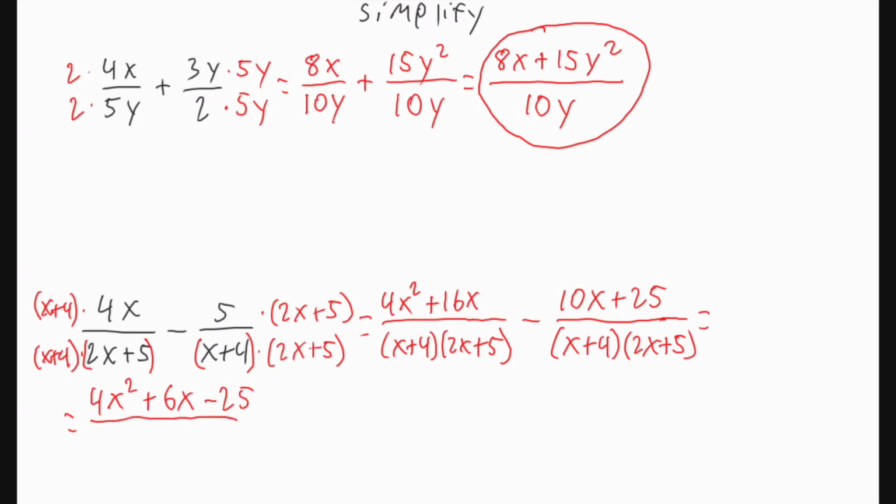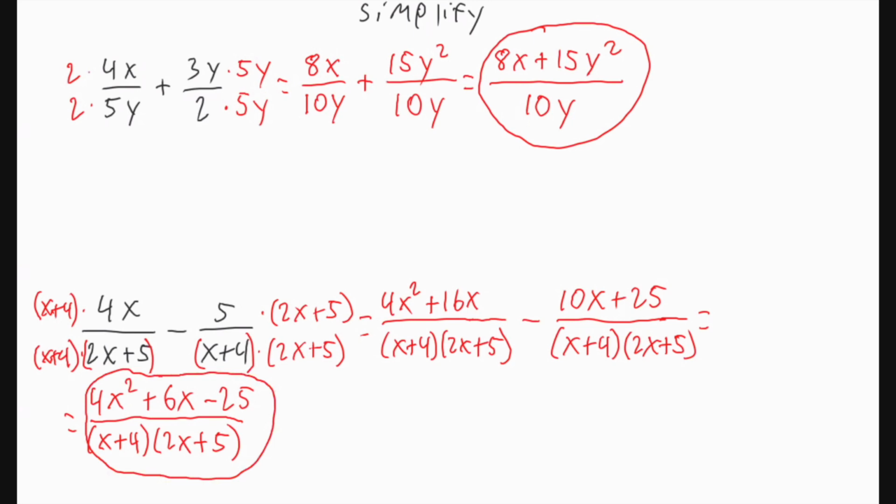And then in the denominator, we still have x plus 4 times 2x plus 5. And now we can try to factor the top, and if we could factor it, we could cancel some stuff out at the end. However, in this case, this is not factorable. The top is not factorable, so we can leave this like this.